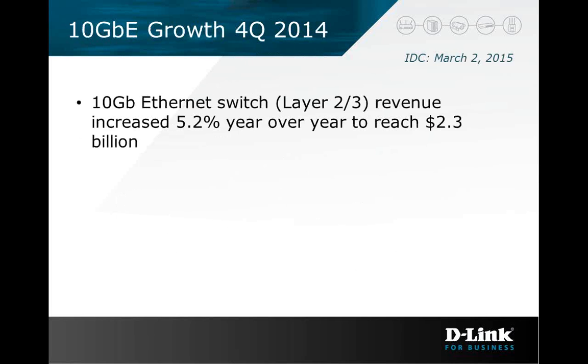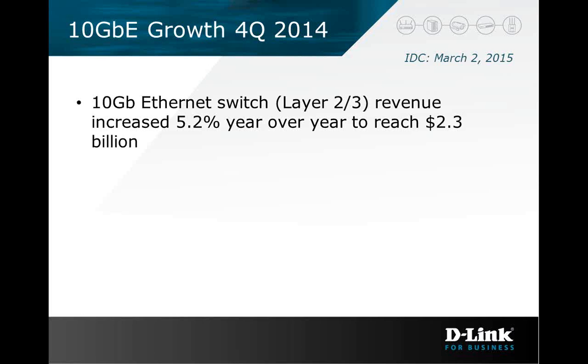Okay, so let's take a look at some industry data. As I was pulling these slides together a couple of weeks ago, I came across a press release from IDC, well-known consultants. It was rather timely. And IDC talked about the growth of 10 gig Ethernet. They talked about layer 2, layer 3 Ethernet switching revenue.